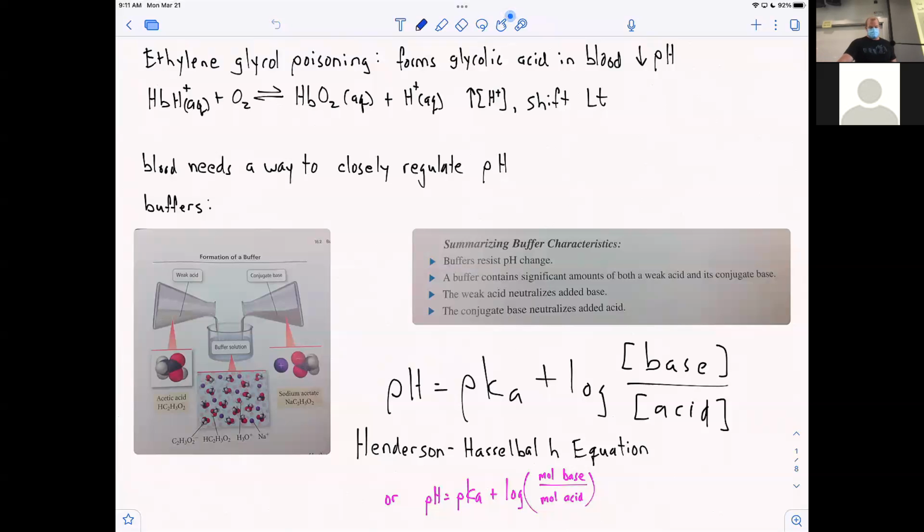The reason you hyperventilate, among other things, is that we have carbonic acid. Carbon dioxide dissolves to form carbonic acid, and that's an acid, right? So that lowers your blood pH.